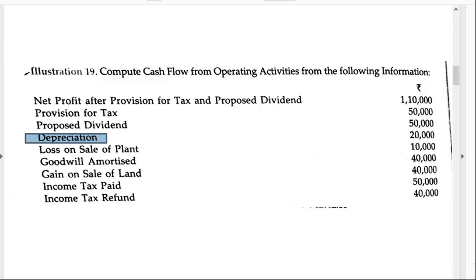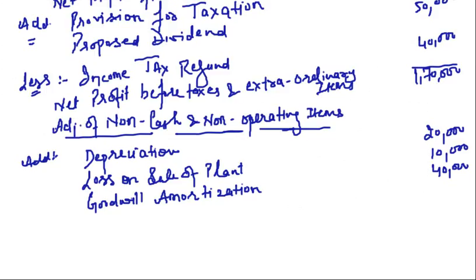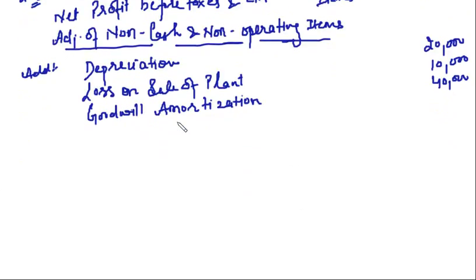Next, gain on sale of land. What is gain on sale of land? Is sale of land a routine operation of the business? No. Then any income from the activity which is not an operating activity will not be covered here, right? So we will subtract gain on sale of land.